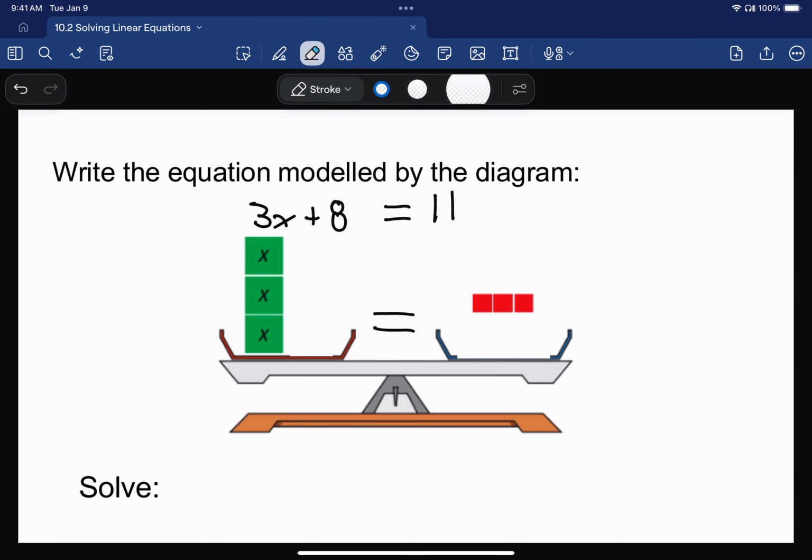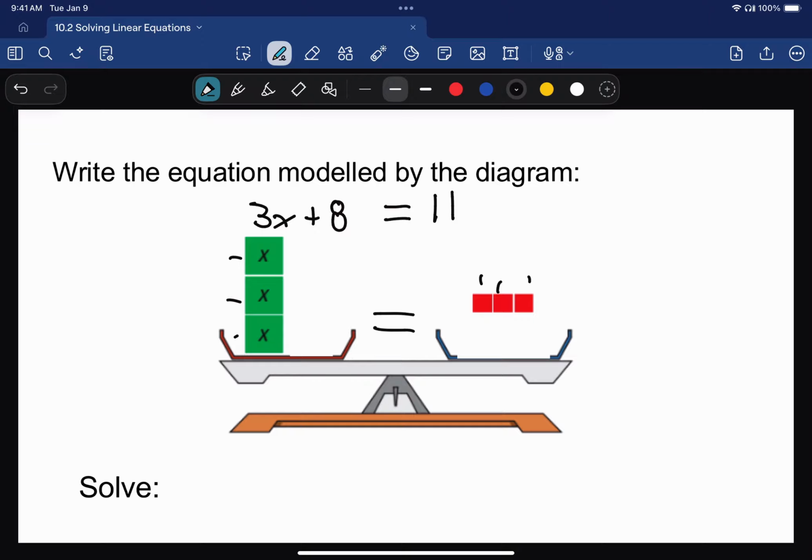Now we know that we have 3 x's over here, 1, 2, 3, and over here we have 3 whole numbers. So in this case, x is going to equal 1 block.